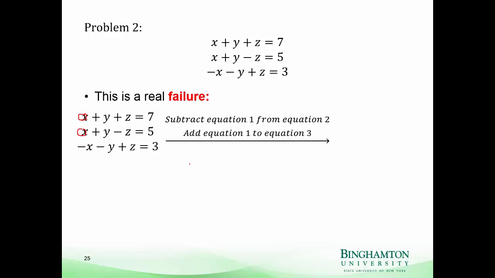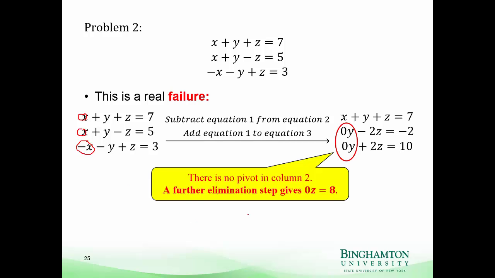So subtract equation 1 from equation 2, and we also add equation 1 to equation 3, so that will cancel this. So we're basically doing both cancellations in this one line here, and we get something that looks like that. And suddenly we see that not only have we gotten rid of both x's, but we've gotten rid of both y's. And so there's no pivot in column 2.